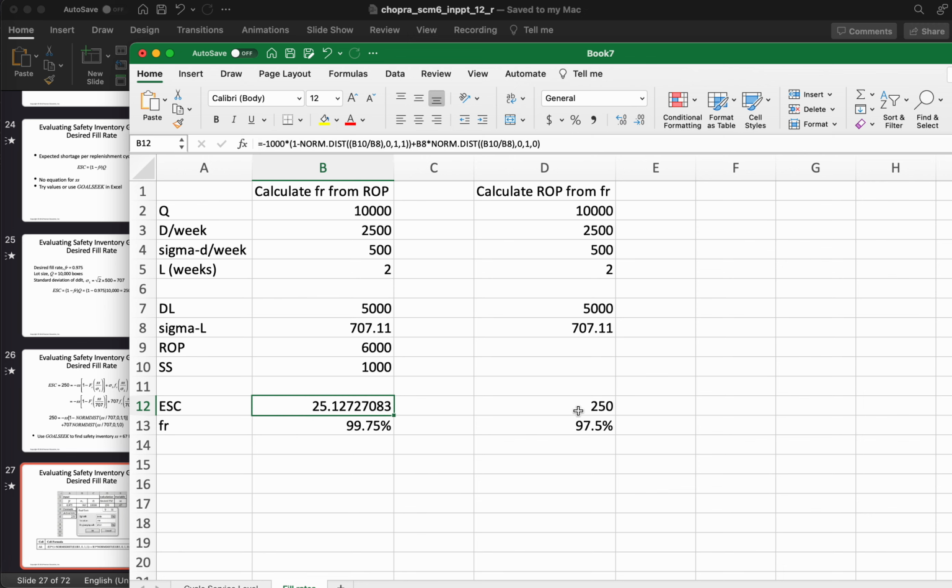Let's add an extra column here. I'm going to call this the desired fill rate, the one that's going to be 250, right? And here the formula is going to be the same.